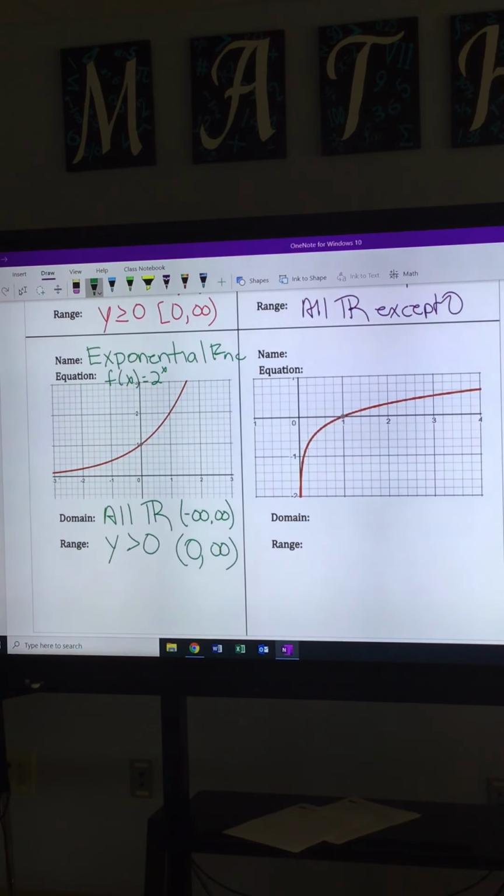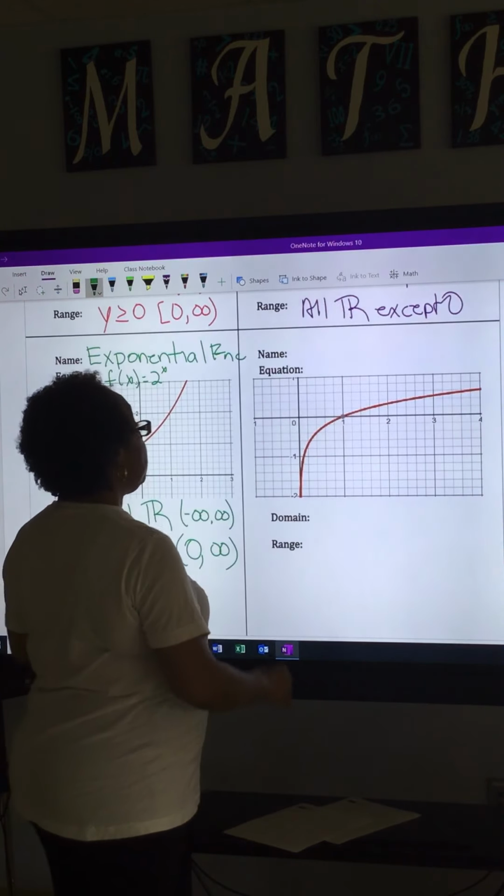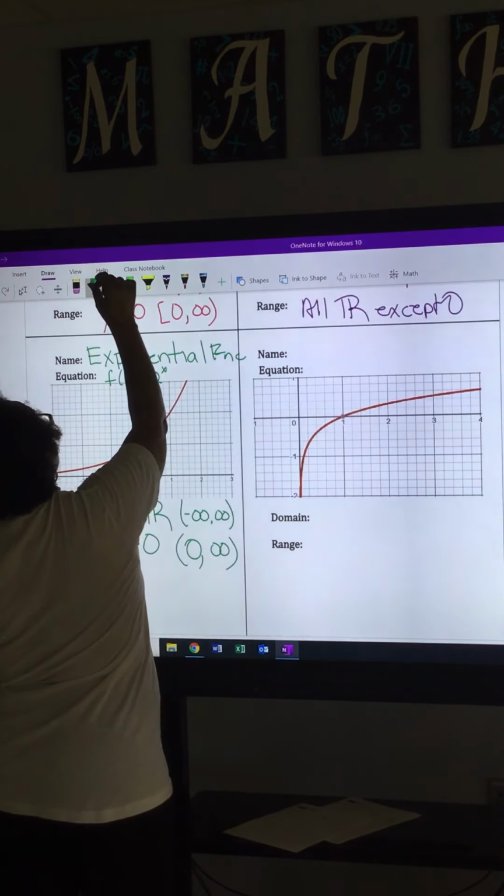Okay? And let's look at our last one. The last one is called a logarithmic function. This is a logarithmic function.